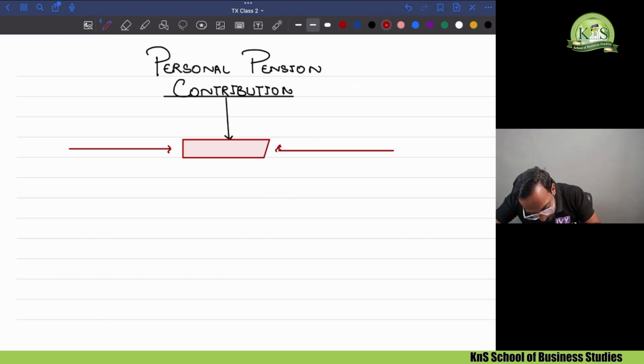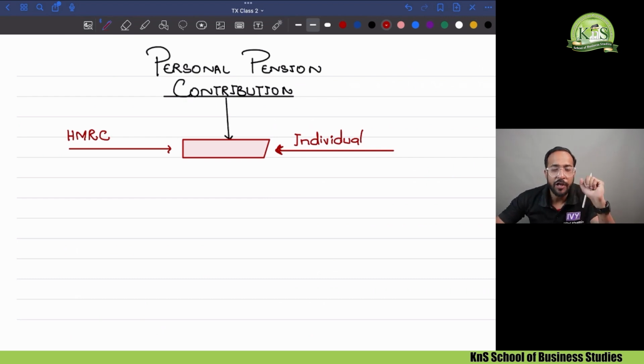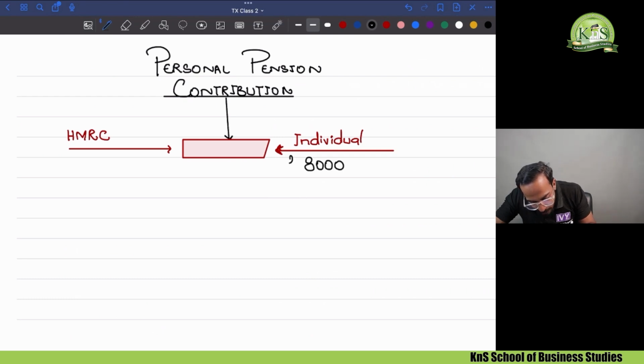Number 1 is the individual. Number 2 is HMRC. See the pattern of the contribution here. Let's suppose the individual is contributing £8,000 in the fund. HMRC says that this is 80%. 8,000 is 80%.